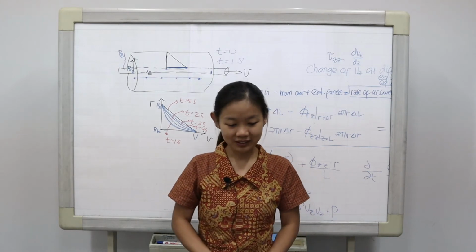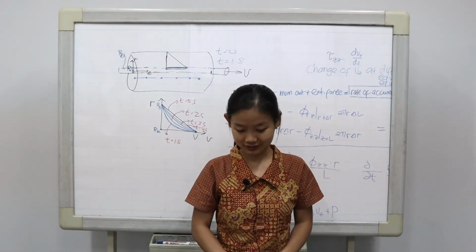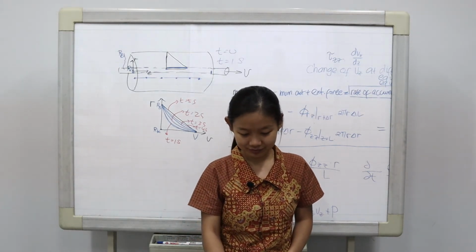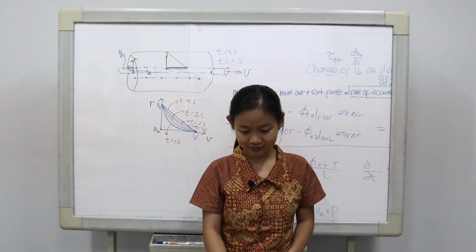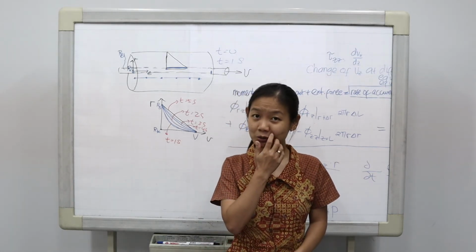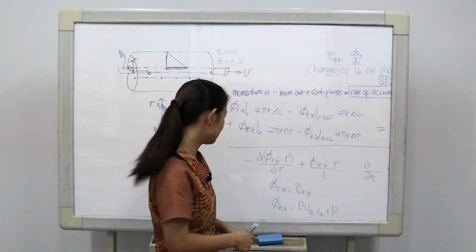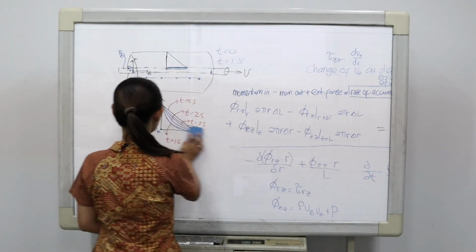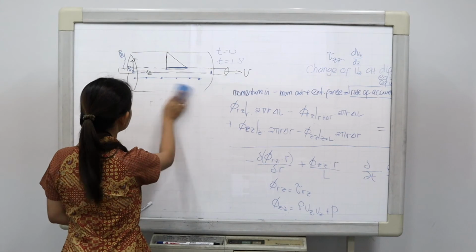Maybe now we move to number 2. I think number 2 and number 1 are pretty easy. Nothing special. Number 3 is special.